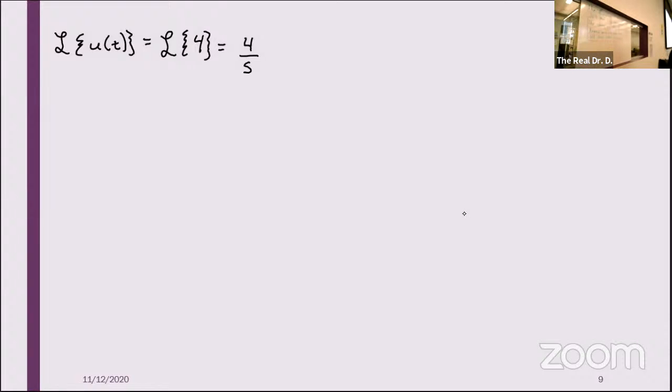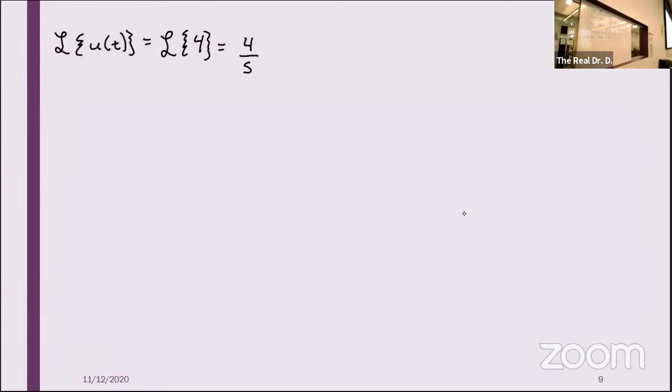So why isn't it u of s? Well, it's not u of s because we know what u of t is. We have a value for our input, so we have to take the Laplace transform of that value.